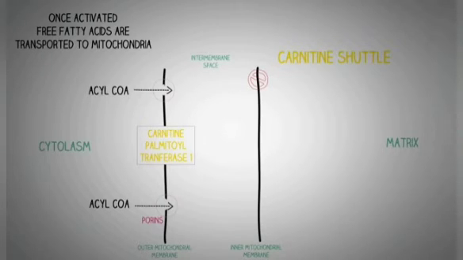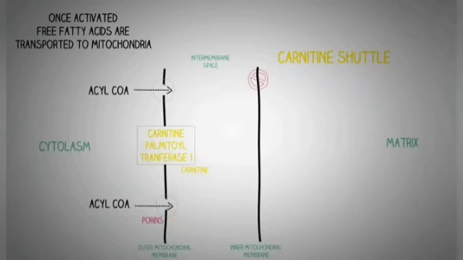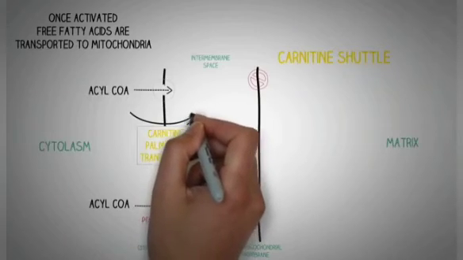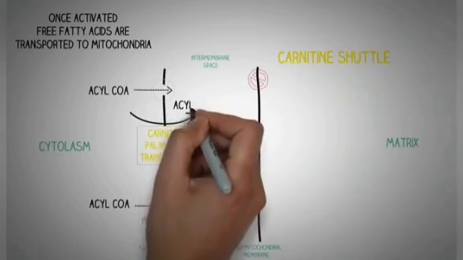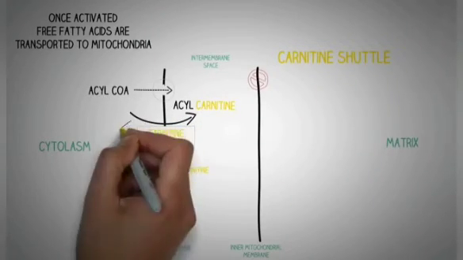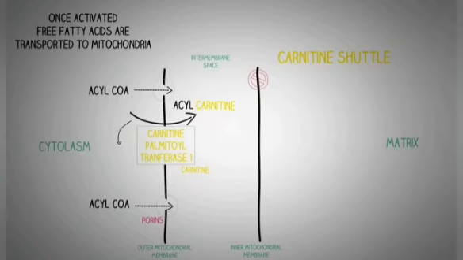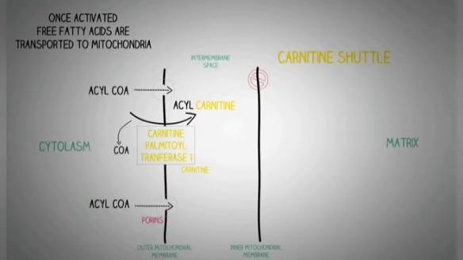The main job of the enzyme carnitine palmitoyl transferase 1 is that it attaches a molecule of carnitine to acyl-CoA. In this reaction, the coenzyme A of acyl-CoA is released back into the cytoplasm, and a molecule of acyl-carnitine is generated inside the intermembrane space.